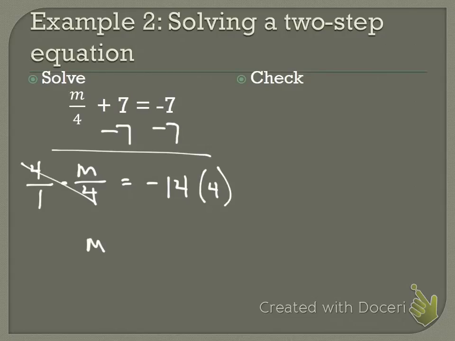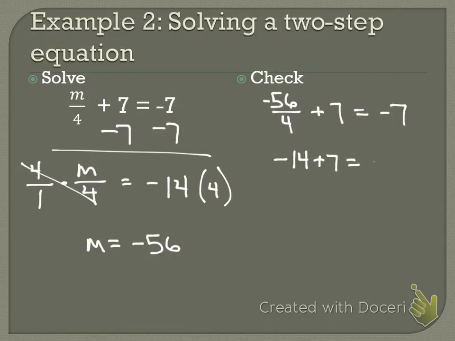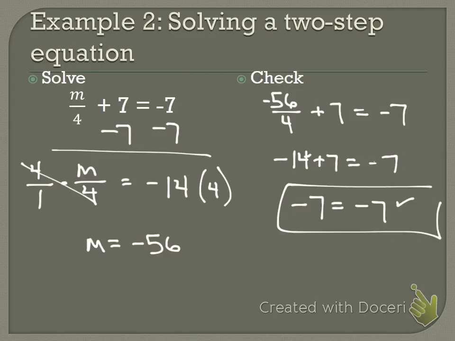M is -56. And -56 over 4 plus 7, -14 plus 7, -7, checks out. All right, and that's it for example 2.